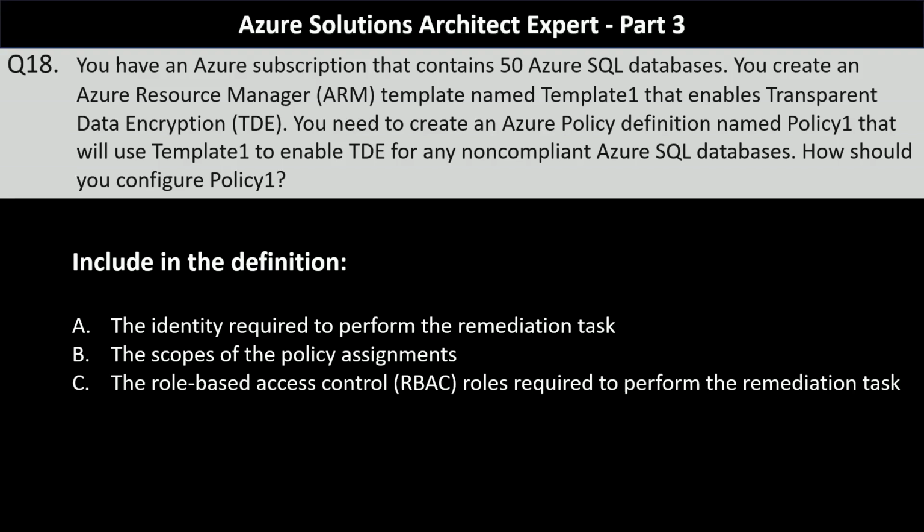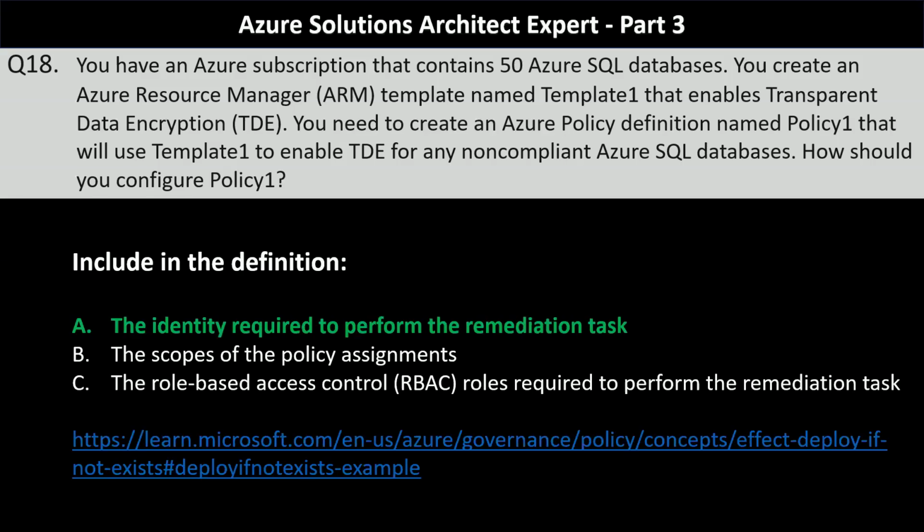Friends, you will need to include the identity required to perform the remediation task in the policy definition. Managed identity is necessary for the policy to execute the ARM template and apply the remediation. Now, the other two options, the scope of the policy assignment and the RBAC roles required to perform the remediation task, are typically specified when assigning the policy, not within the policy definition itself.